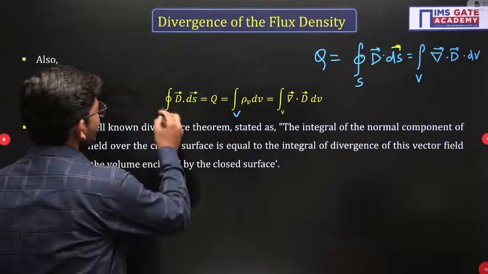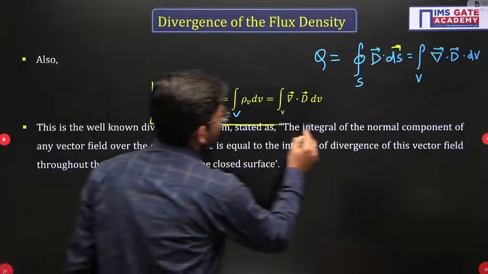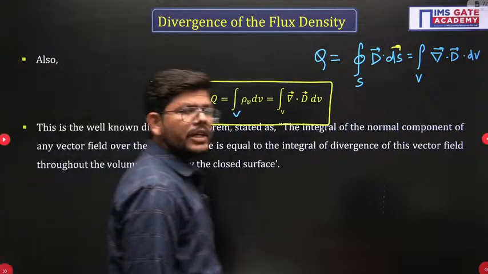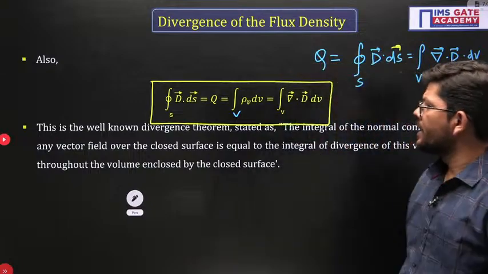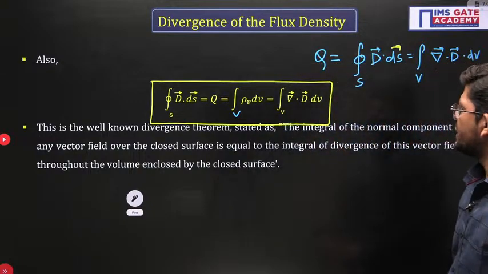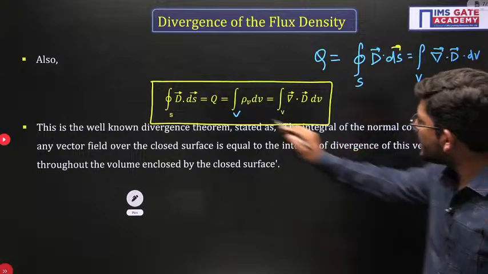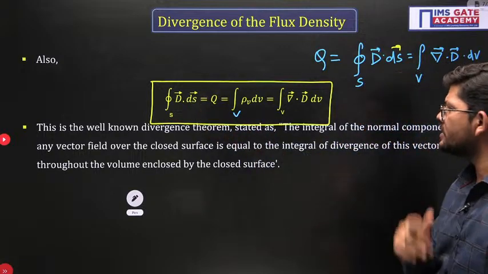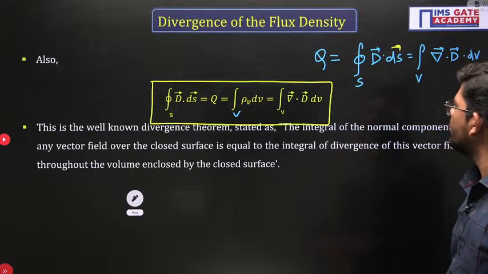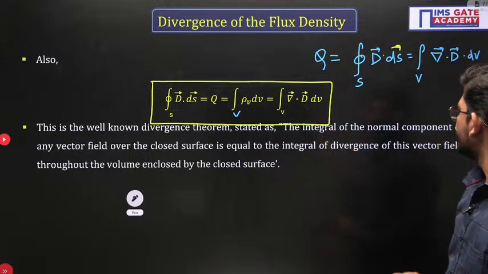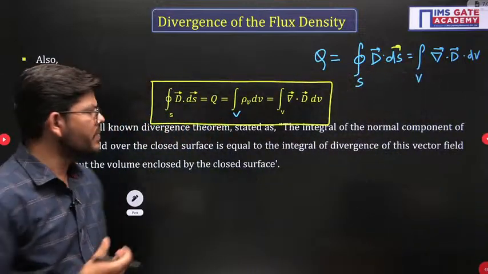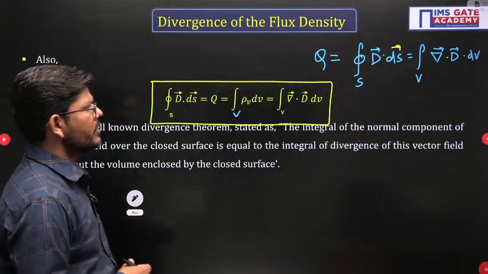So if you are writing it in this format, this is basically known as the divergence theorem as well. Okay. And the divergence theorem states that the integral of the normal component, that is D, of any vector field over the closed surface is equal to the integral of divergence of this vector field throughout the volume enclosed by the closed surface. Okay.